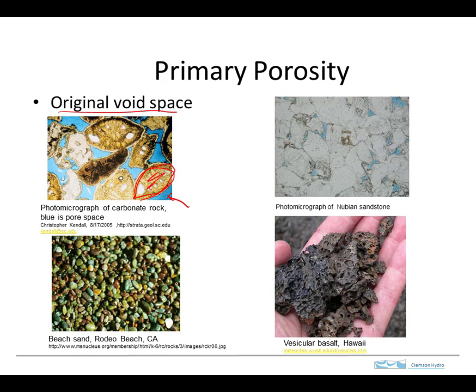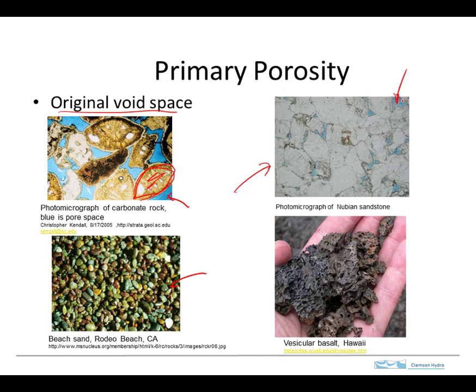Here's some clastic rocks, mostly quartz, and we have primary porosity between them. Here's some sandstone over here, and the porosity is stained blue. This is a photomicrograph, and this is the porosity between the pore spaces.